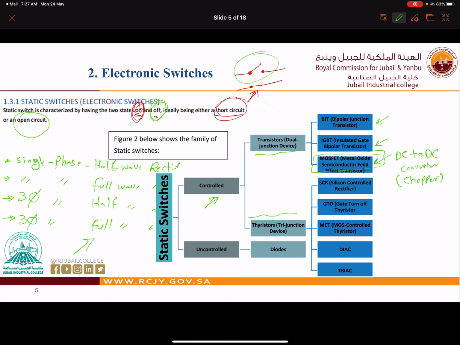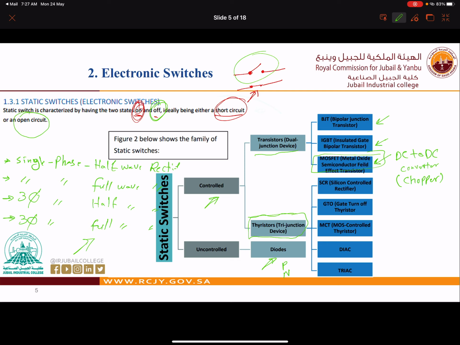For the thyristor, now we are talking about tri-junction devices. Now let me explain this term. This is very important. In diode, we have p-n junction, right? Remember p-n junction. So we have holes and we have electrons.